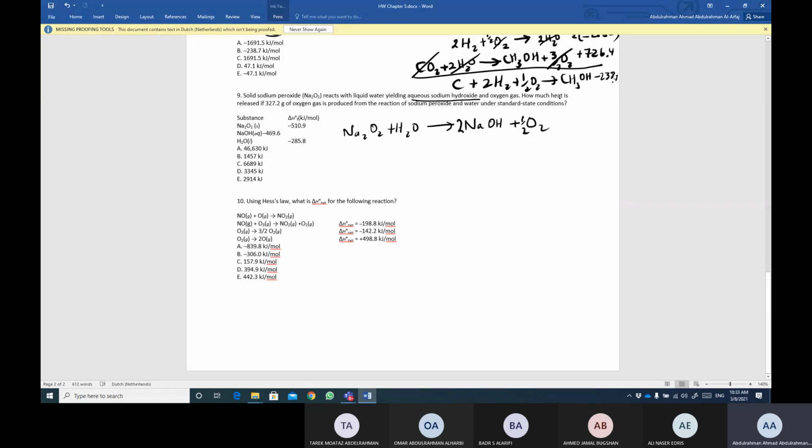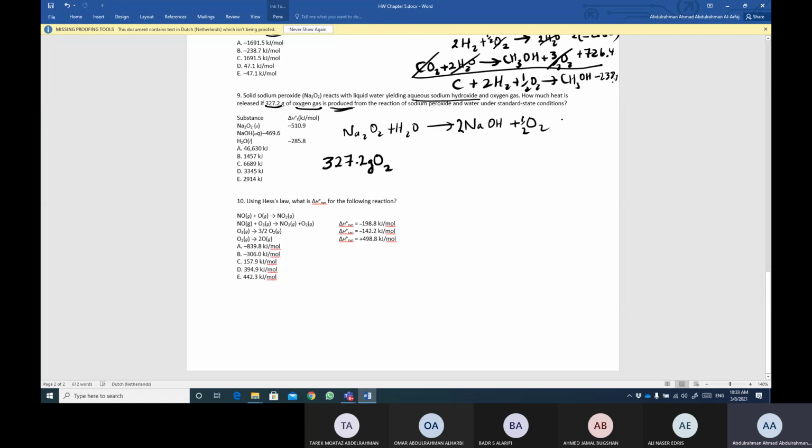And oxygen. How much heat is released if 327.2 grams of oxygen gas is produced? So we have 327.2 gram O2. How much heat? Just a second.